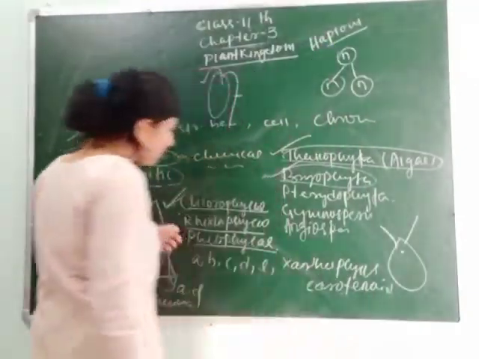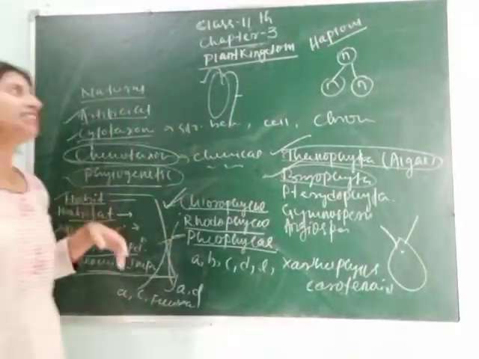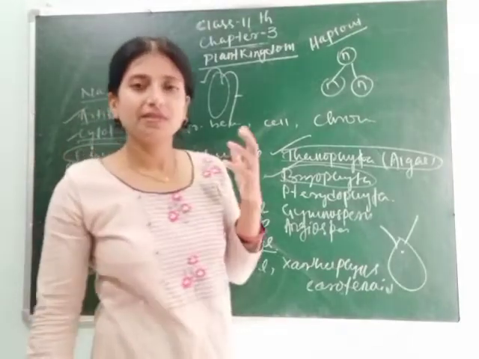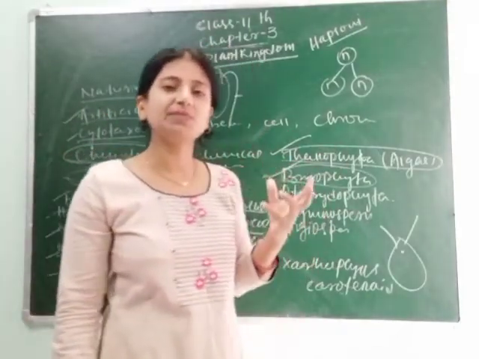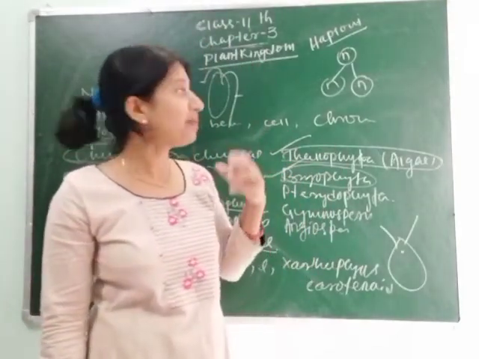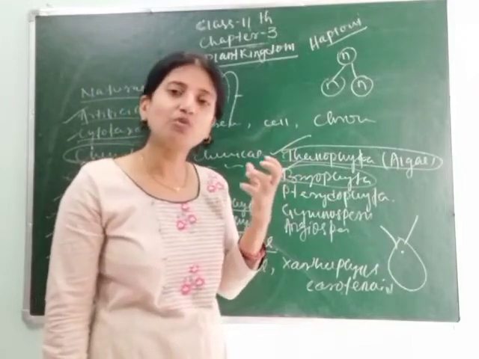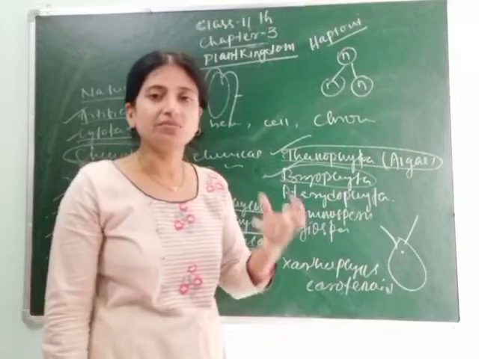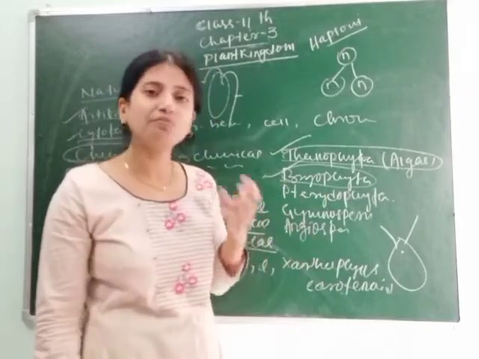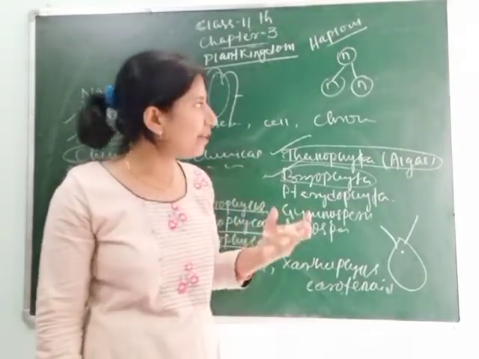Next, if the parent body is diploid, then its life cycle is spent mostly in the diplontic phase, meaning the parent body is diploid, then it has to produce haploid gametes, so it has to go through meiosis, meaning reduction division, to form 4 haploid gametes.